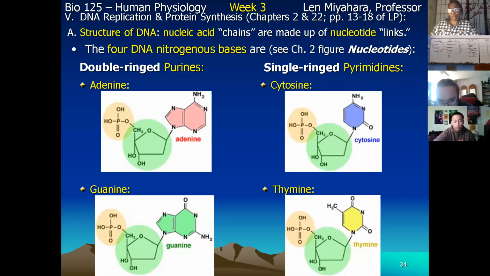Cytosine and thymine are single-ringed, they're smaller. And those nitrogen-containing bases are called pyrimidines. I just remember here that the bigger structure is the smaller word.